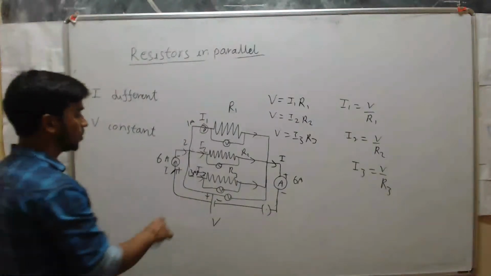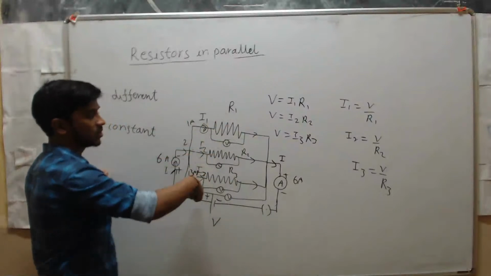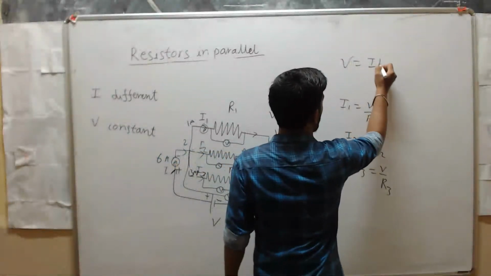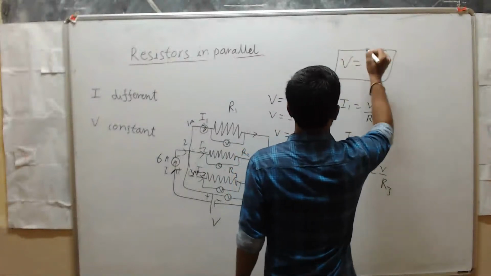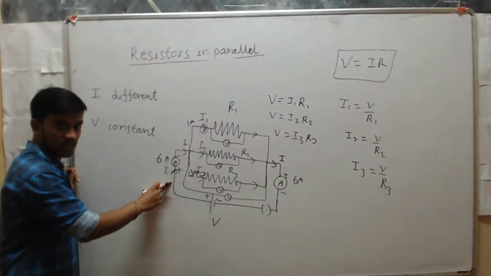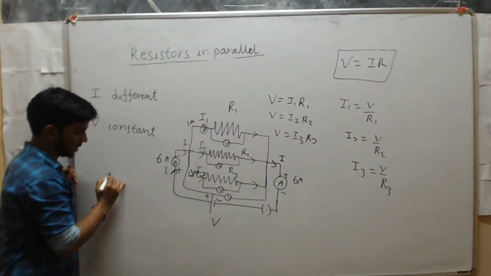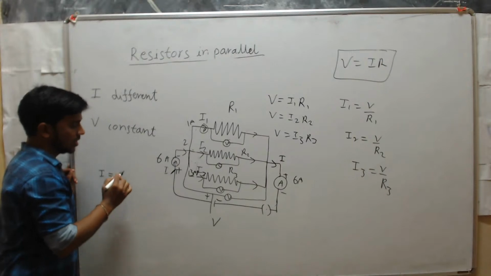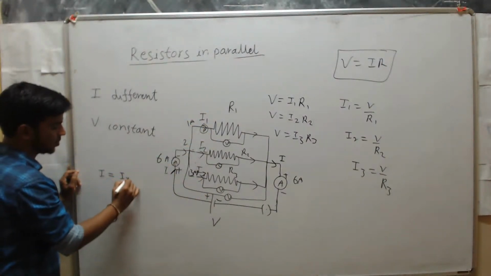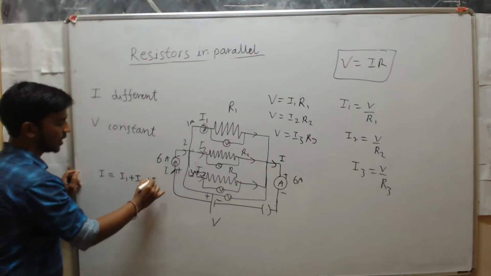Now, to calculate the voltage across the entire circuit, we use this formula: V equals I into R. Here also we can say that the total current in the circuit, I, is the sum of the currents across the individual resistors. That is I equals I1 plus I2 plus I3.